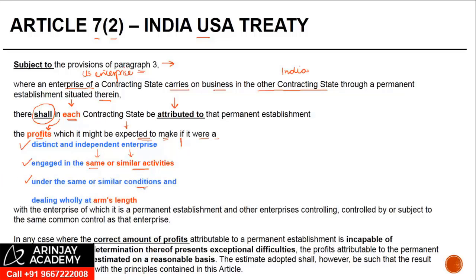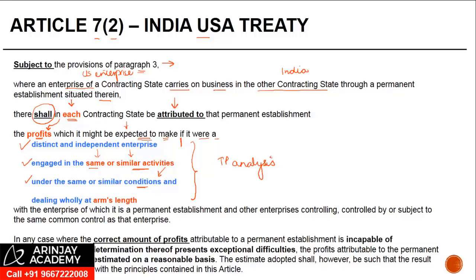The conditions could be as to the scale of business, right? The conditions could be as to the use of technology, the size of the business, right? So all these are basically, if you actually see, a transfer pricing analysis that we are talking about.